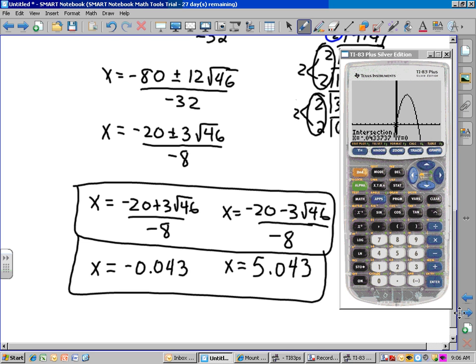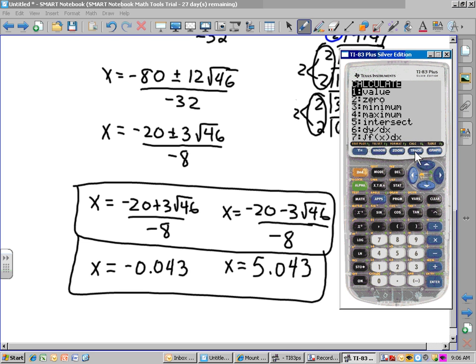And we can calculate the intersection on the other side as well. 5.043.